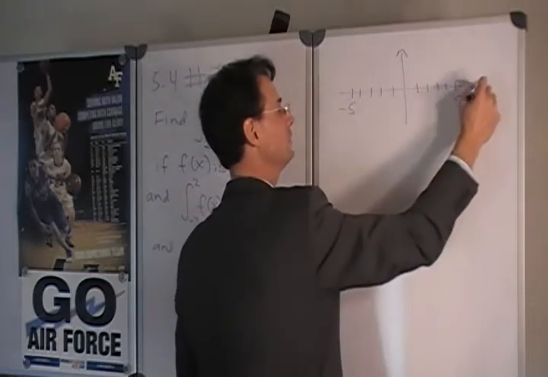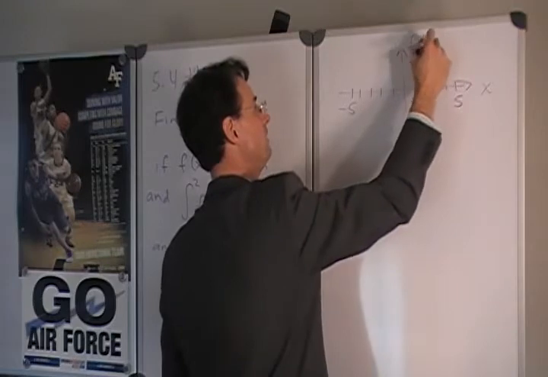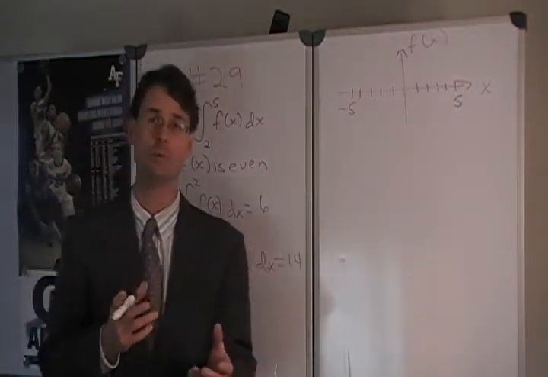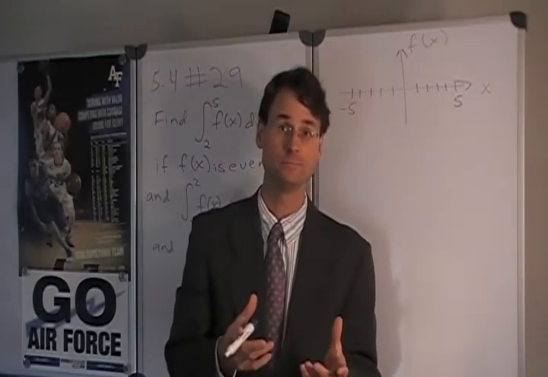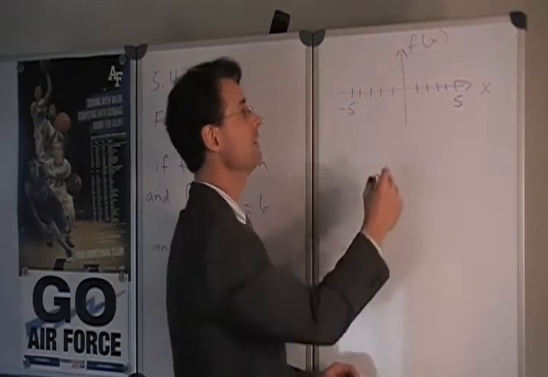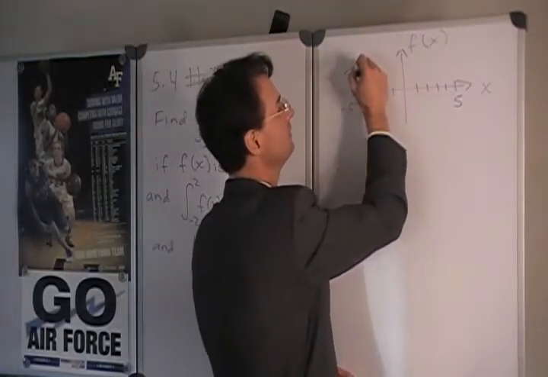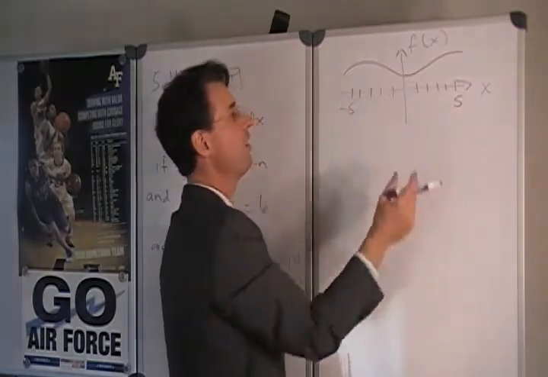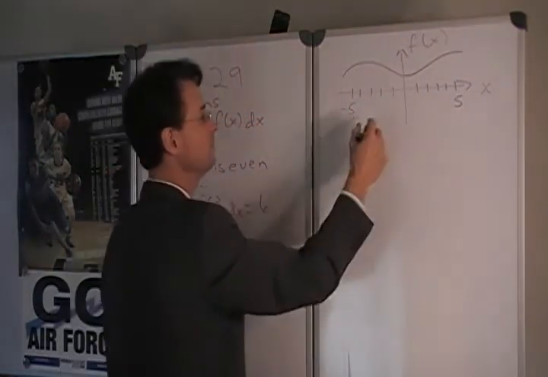So we have a function from negative 5 to 5, f of x, and we don't really know what the function is doing, but what it means to be an even function is that it's symmetric about the y-axis, so whatever it's doing is doing the same thing on either side of the axis.